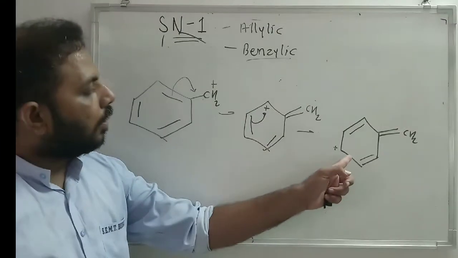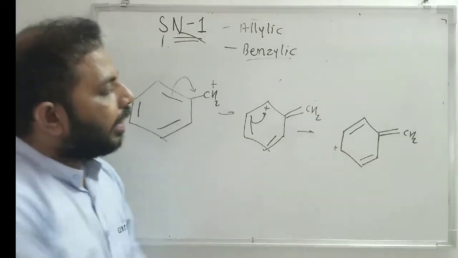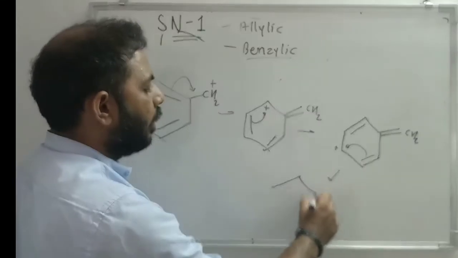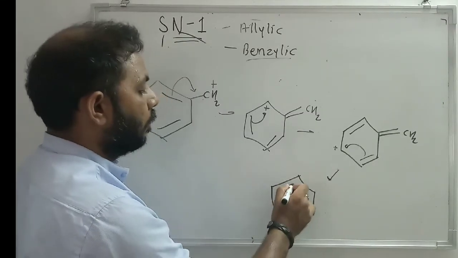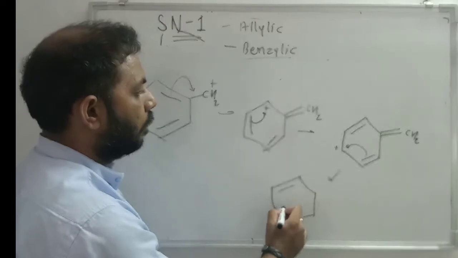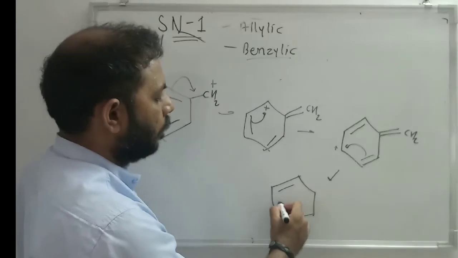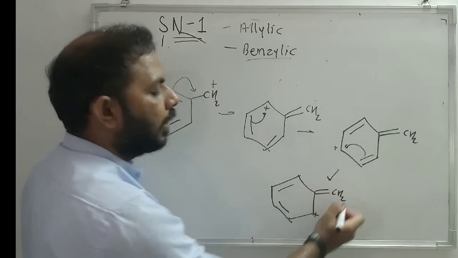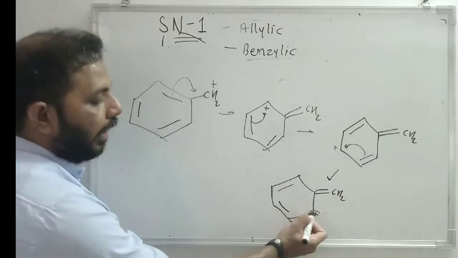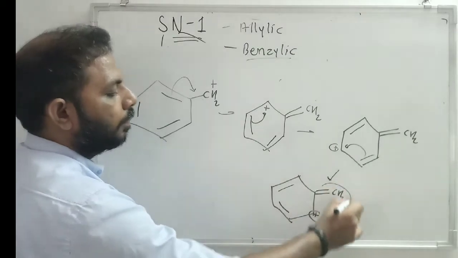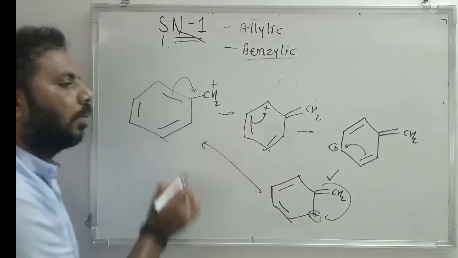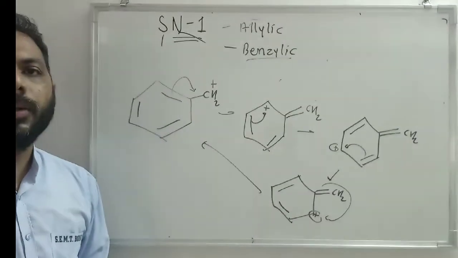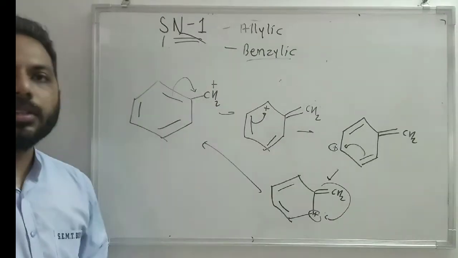Now this positive charge is again attacking these electrons, so the structure will be like this, and here positive charge will come, here CH2 is there. Now this positive charge will attract electrons from here, so there is resonance stabilization of this benzylic compound.